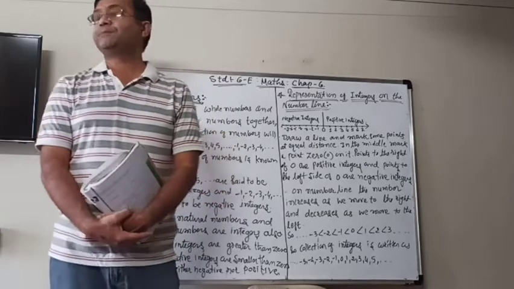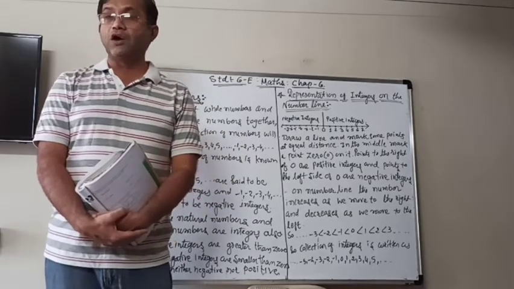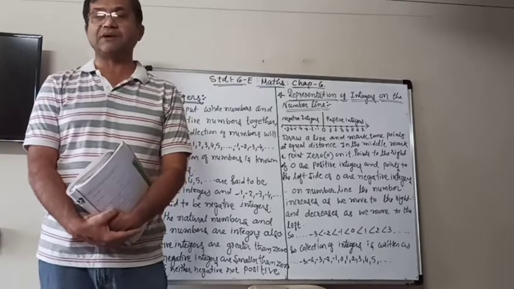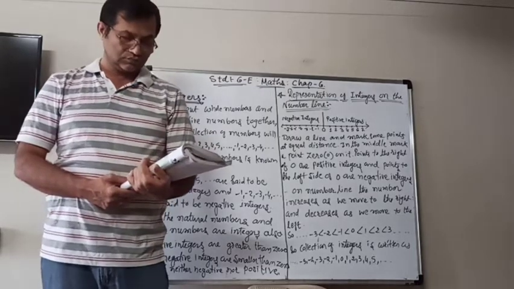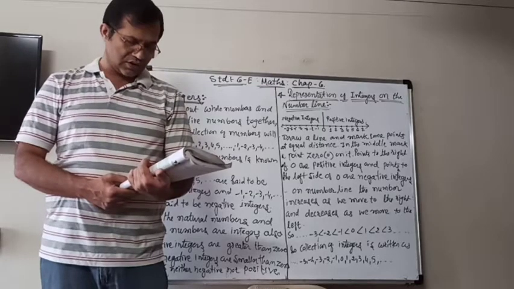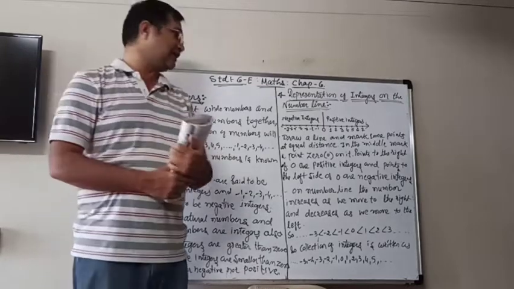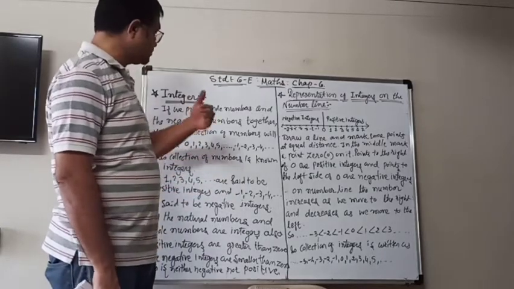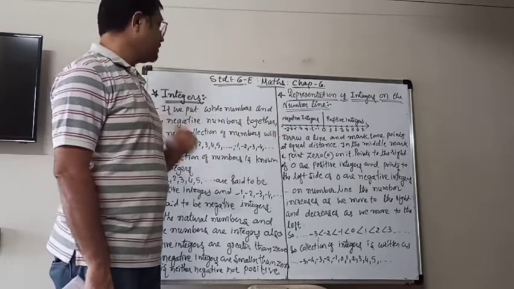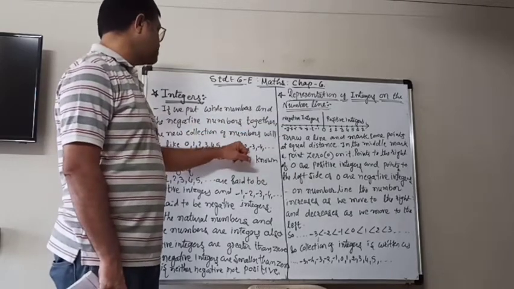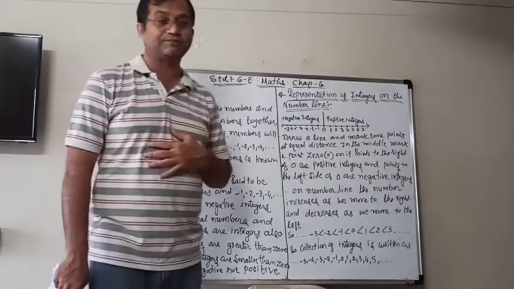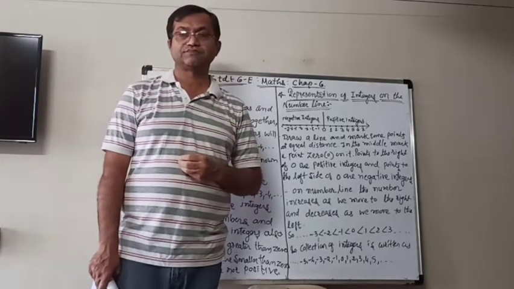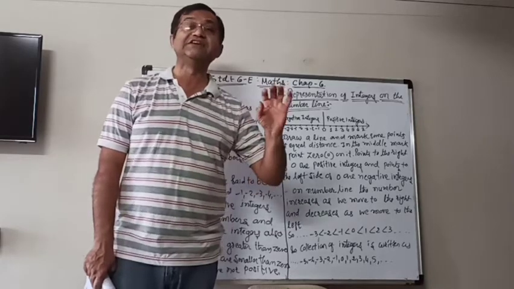So when we put whole numbers together with these negative numbers, then our collection of numbers will look like this: 0, 1, 2, 3, 4, 5 and so on, then the negative numbers minus 1, minus 2, minus 3, minus 4, etc. The whole collection of these numbers is known as integers.